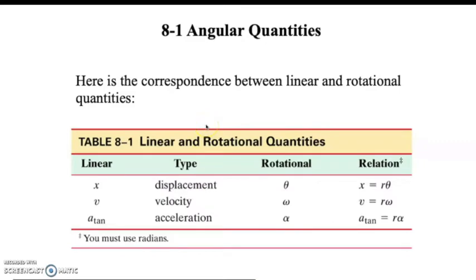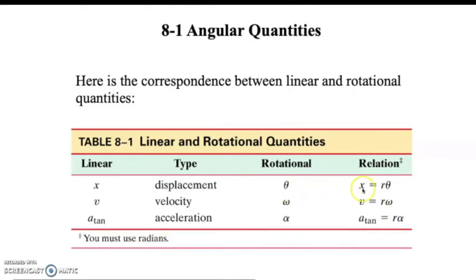So here's how linear and rotational quantities relate. Displacement: linear, it's x; rotational, it's angle. Velocity: linear, it's v; here we've got w. Acceleration: tangential acceleration and angular acceleration. And here's the relationship, and this is big. We've been doing degrees with our math, but everything goes radians now, so make sure you adjust your calculators.